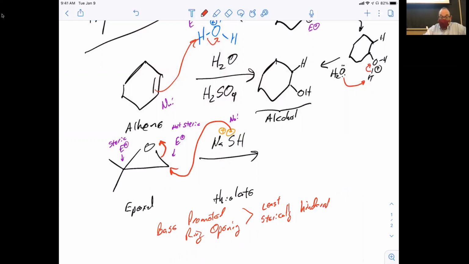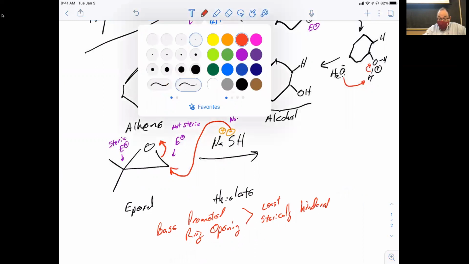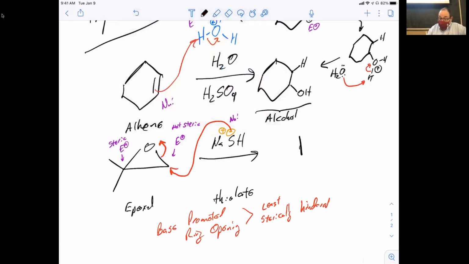So therefore, I'm going to attack the least sterically hindered side, and that is going to give me my O minus here, which I can put next to my potassium, my sodium, and my thiol. Now it's a thiol. Okay. Questions about these two reactions?